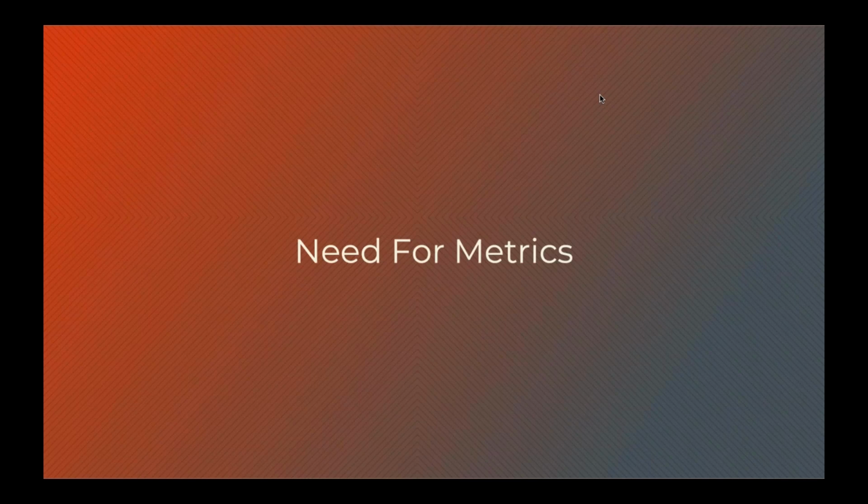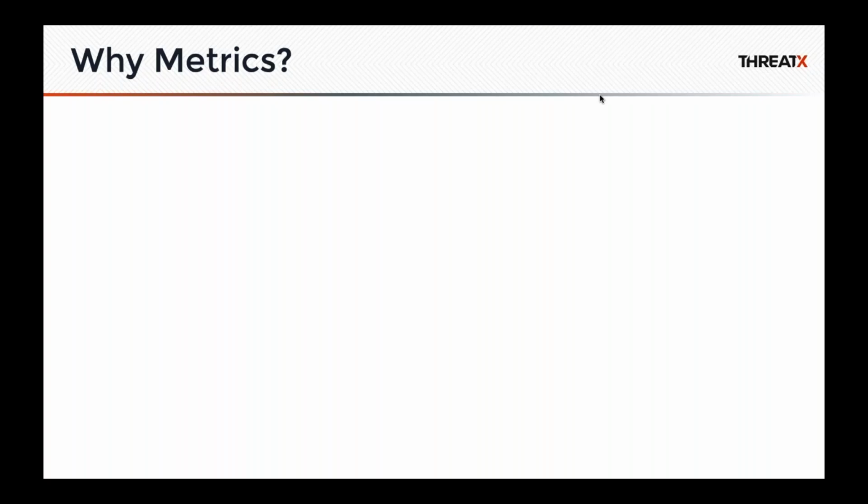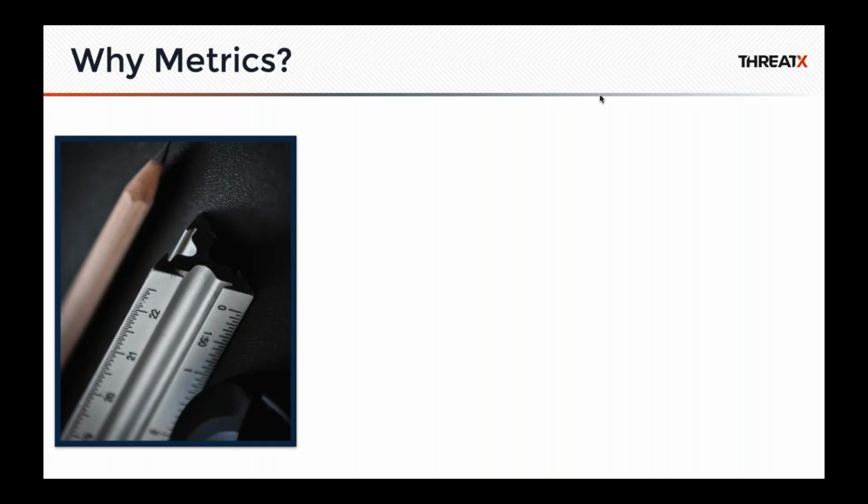So now I'd like to talk briefly about metrics and security. It's good to remind ourselves from a big picture level why we need metrics. First, I'm sure you've heard this one before, and it's important to remember: one can only really effectively manage something that can be measured.